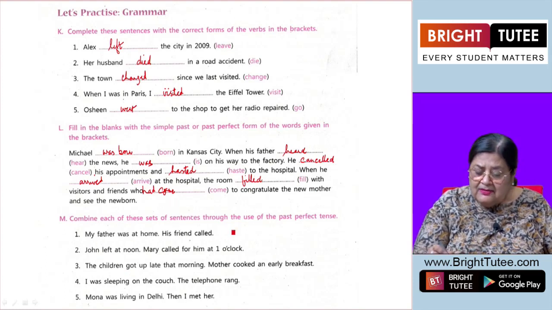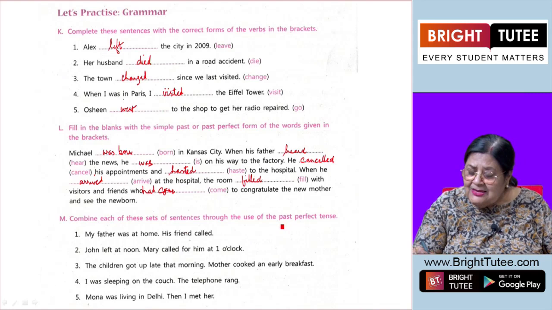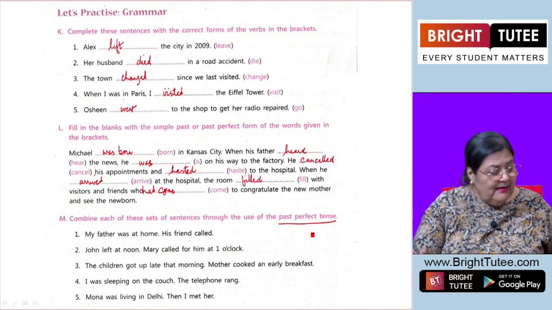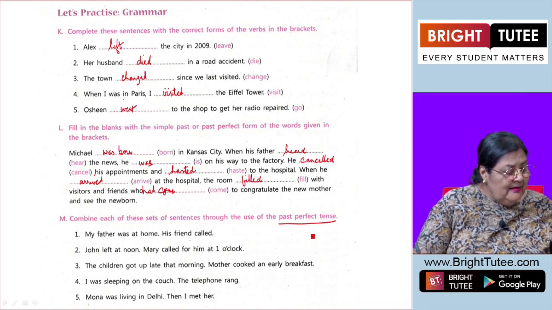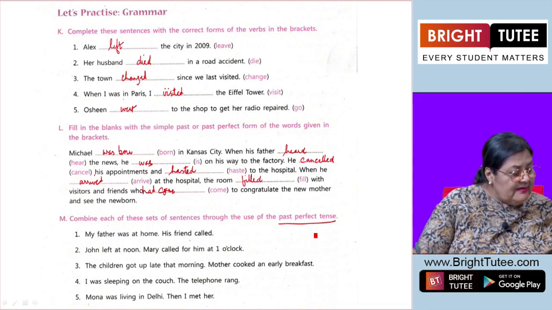Combine each set of sentences through use of the past perfect tense. That means had and ed. That means had, past perfect tense.